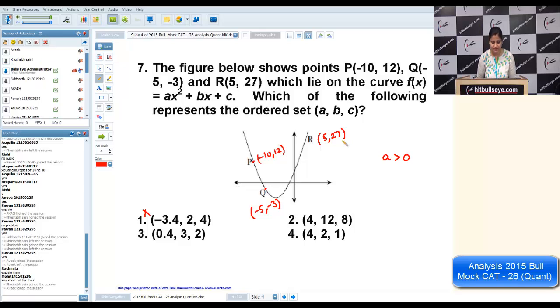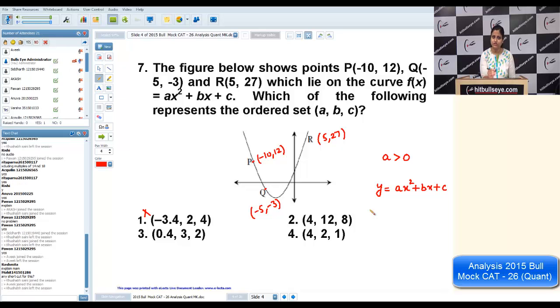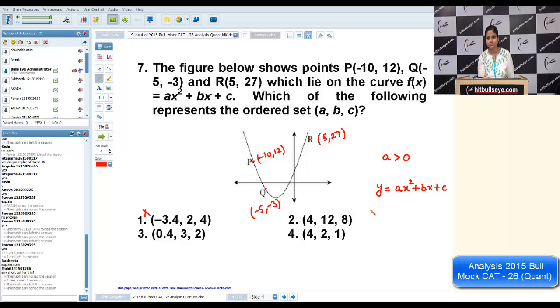For example, if I take P's coordinates. The equation of the parabola is y is equal to ax square plus bx plus c. Now, if I consider P, minus 10 and 12, as you know, minus 10 corresponds to the x coordinate, 12 corresponds to the y coordinate. So I'm considering y as 12 and x as minus 10.